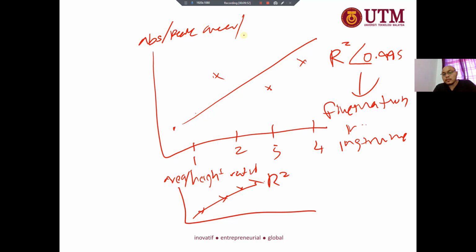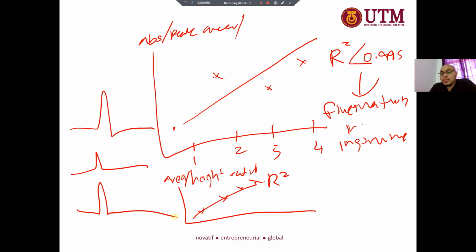If you don't have a problem with fluctuation, it's okay. But if you have fluctuation of the instrument reading, suddenly the peak becomes higher, suddenly lower, then you need to use the area or height ratio, or the internal standard calibration method, to compensate for this problem.